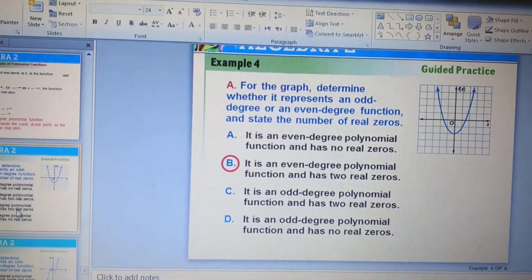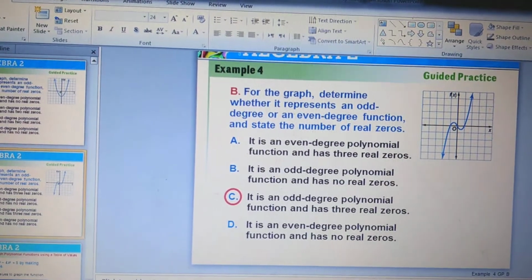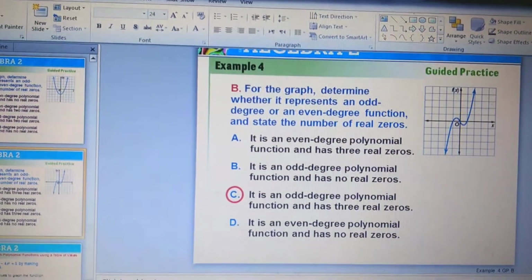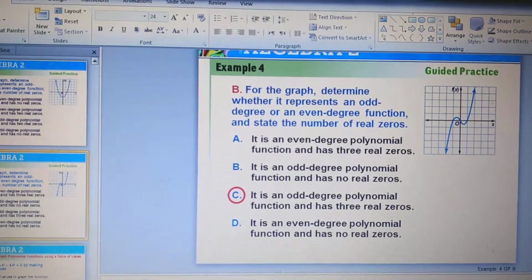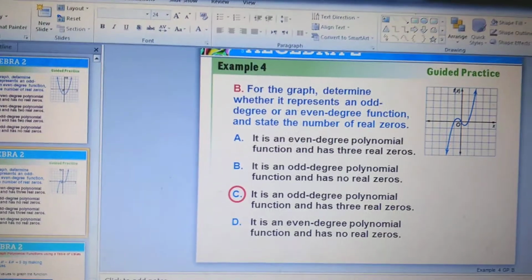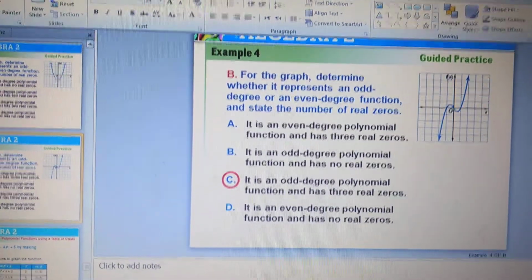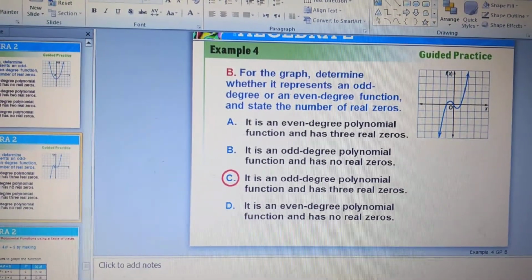All of these are examples to find the degree, to find the leading coefficient, and to find the number of zeros. Of course, by the way, what are the zeros of a function? We studied it before. Zeros of a function are the solutions of the function.